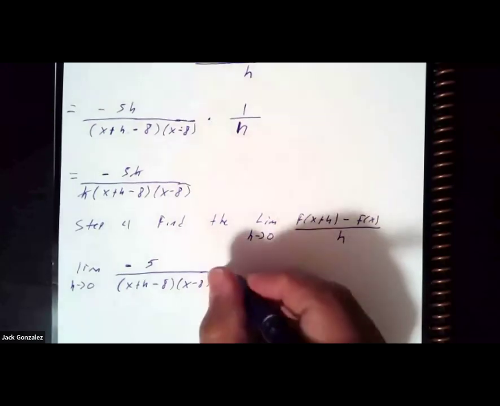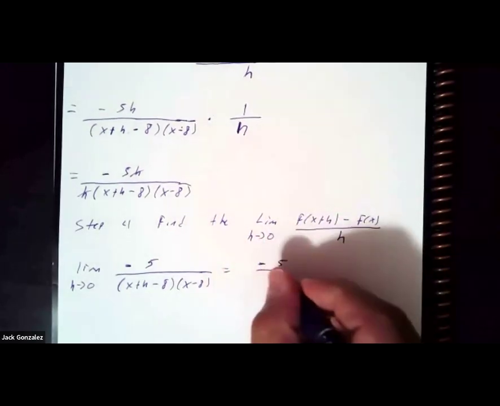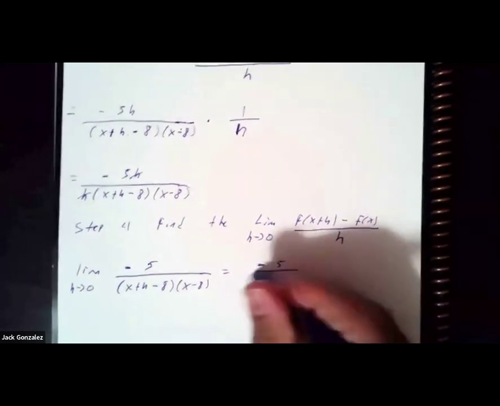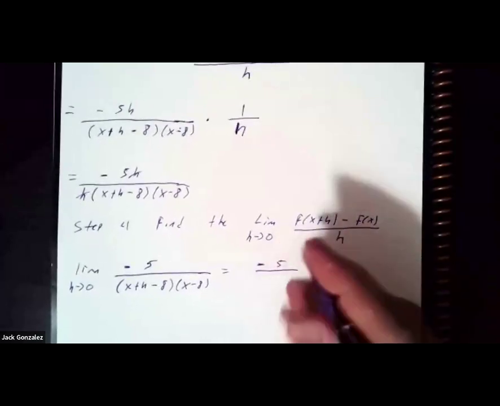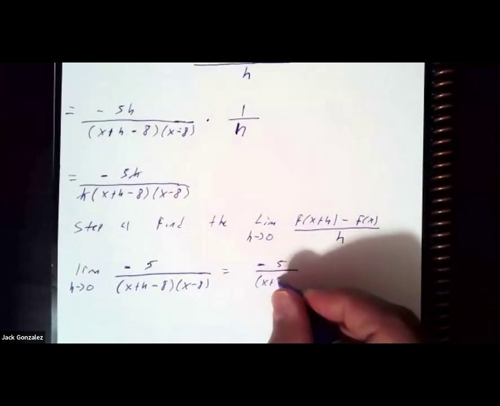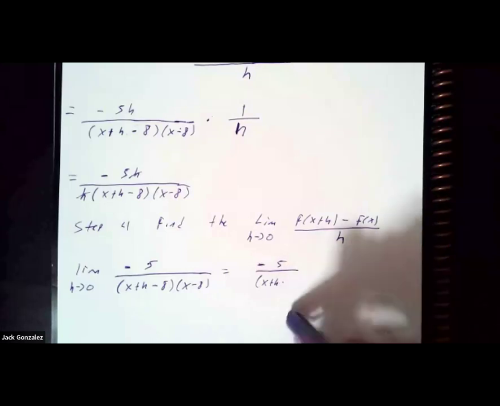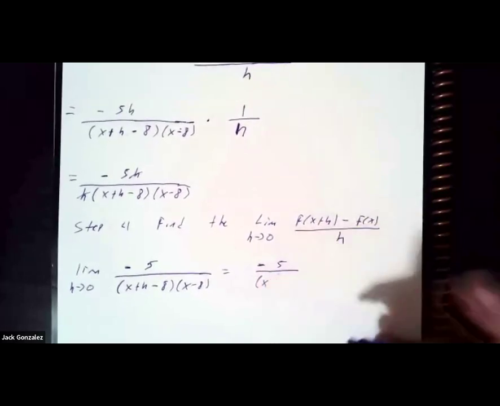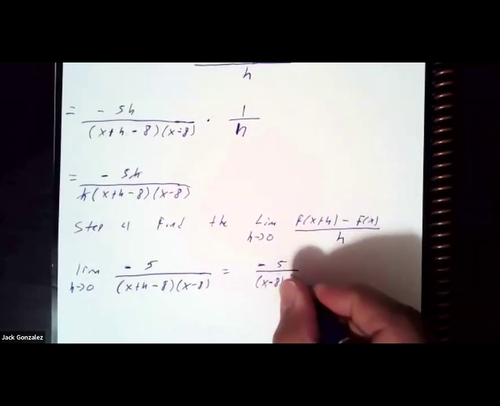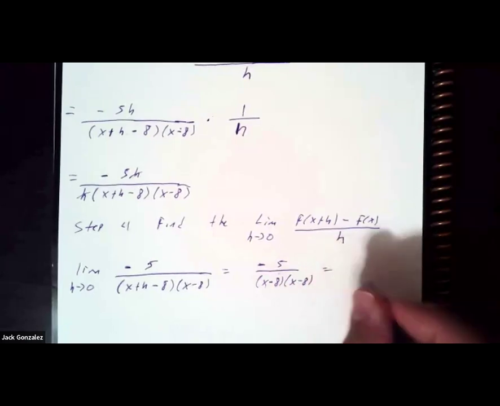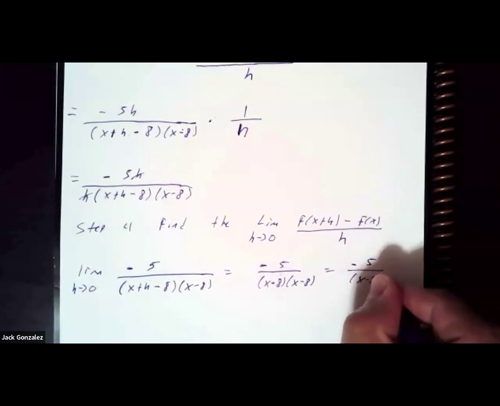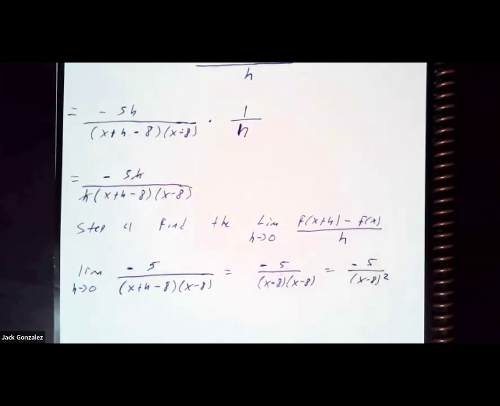Take the limit, and you end up with negative 5 over x plus... h will be zeroed out, so you'll be left with x minus 8 twice, right? Okay, finally. So this is my derivative.